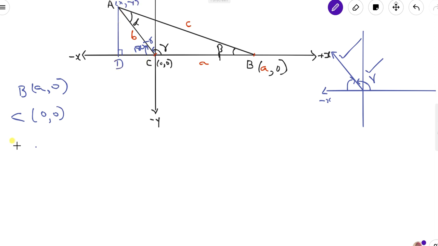So for that purpose, we just consider here a triangle ADC. The vertex where you're supposed to be having your 90 degrees is always written in the center, so that's what we did. So now we have to find out the length of this side with respect to this angle. Okay, so this angle is equivalent to angle gamma, so we are going to use here the positive angle.